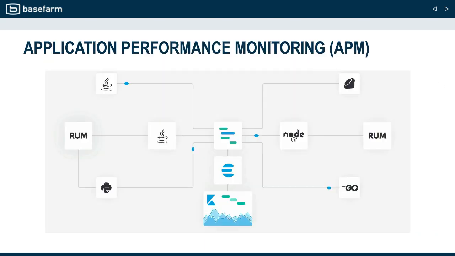You can also use Elastic Stack for application performance monitoring. And this is a system that jacks into your applications. You inject your application with a piece of code that then starts to monitor the application from within.